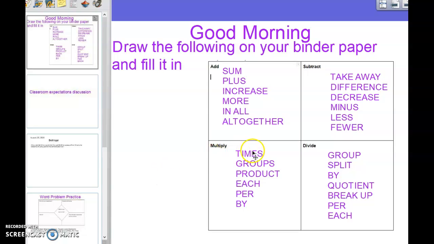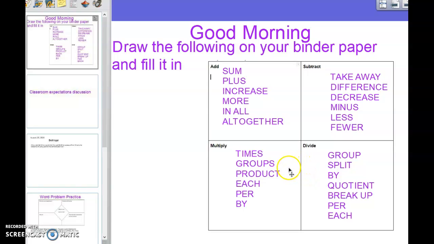For multiply, we've got times, group, product, each, per, and by. And then divide: group, split, by, quotient, break up, per, and each. Now, one of the things about these is you might see the keywords in two different columns, so you have to keep in mind that while it is nice to have those keywords to look for, sometimes they can mean multiple things.